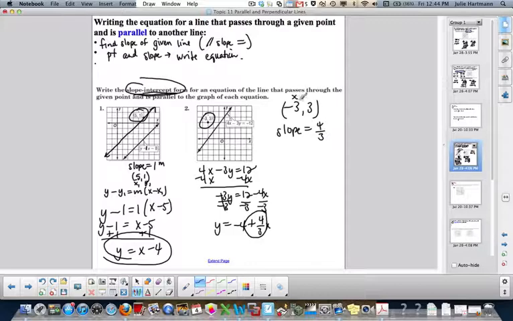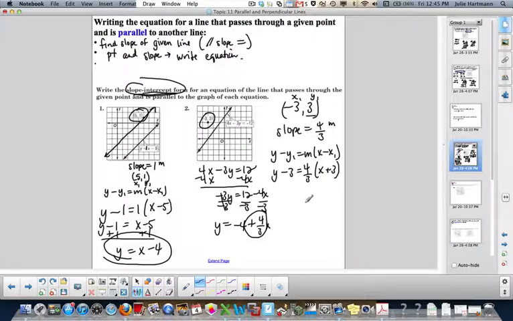So there's x1, y1, and m. If I write it in this form, I have y minus y1, which is 3, equals m, which is 4/3, times x minus x1, which is negative 3. So x minus a negative 3 becomes x plus 3.